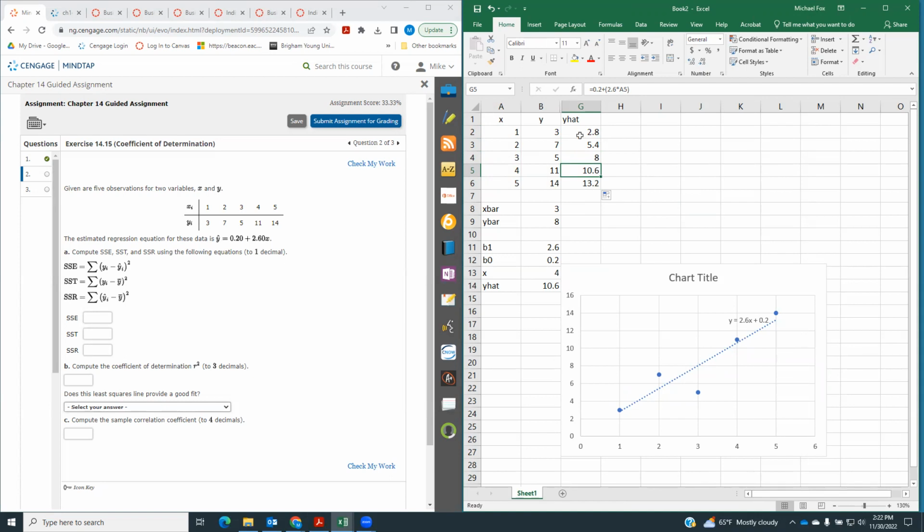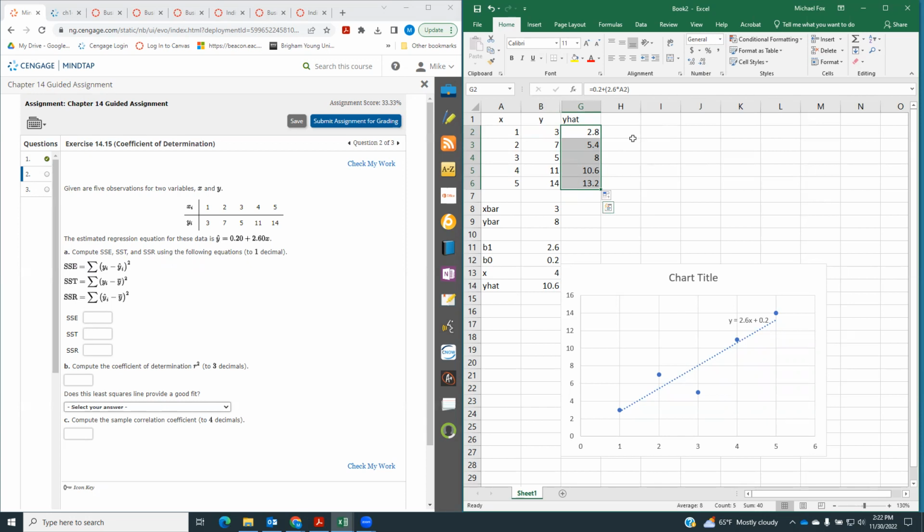And so now we have the observed value of y and the expected or estimated value of y. So to find the sum of squares error, if you think about that, by error, and in Excel they call this the residual, but they mean the same thing.